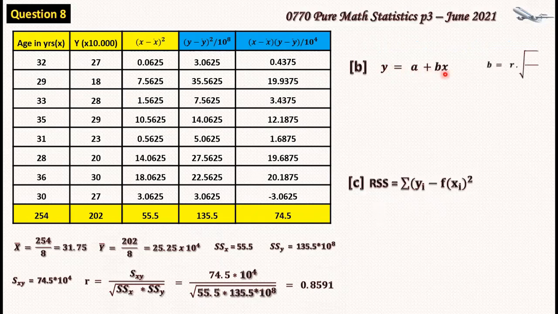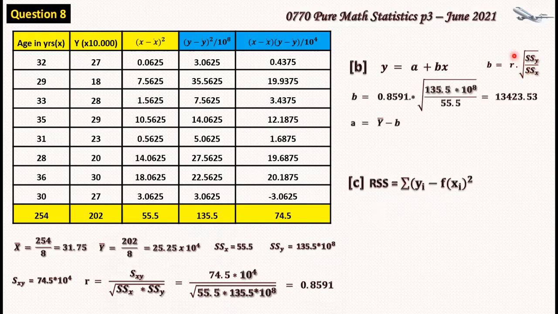We start by looking for b. b is equal to the product moment correlation coefficient times the standard deviation of y, the root of SSY, over the standard deviation of x, the root of SSX. So from there, b will be equal to 13,423.53.